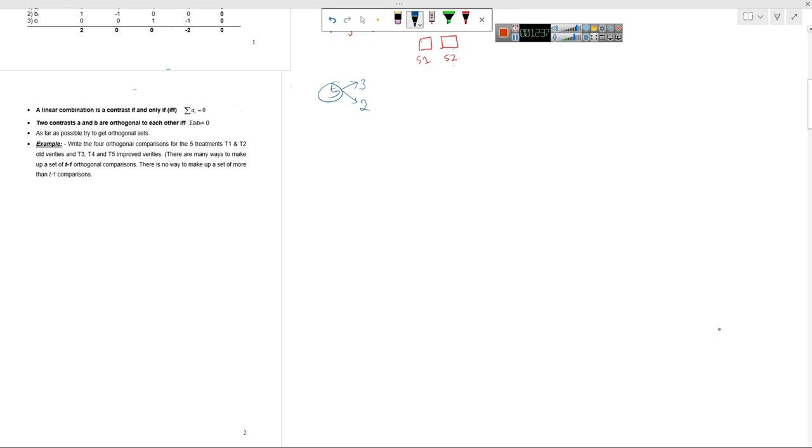So now this is how I will plan my sharing: 1, 2, 3, 4, 5. Now contrast 1: I will take 3 portions and I will give 2 portions to my sister.